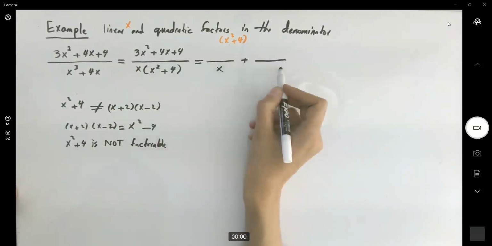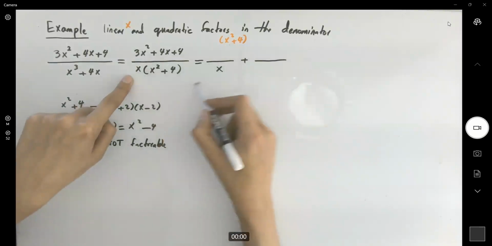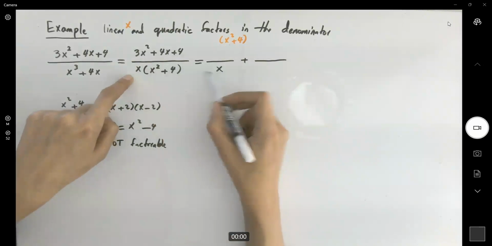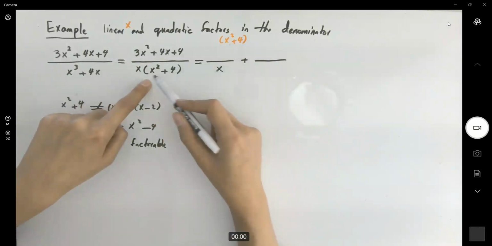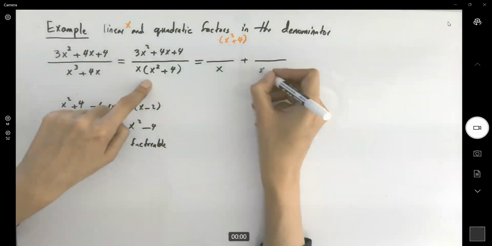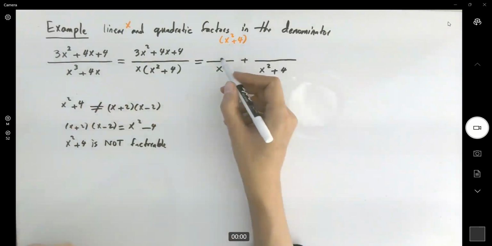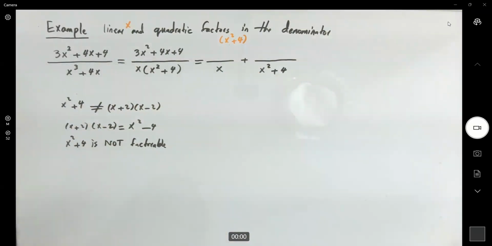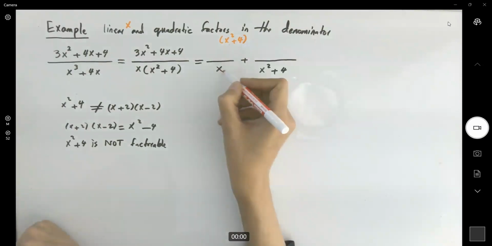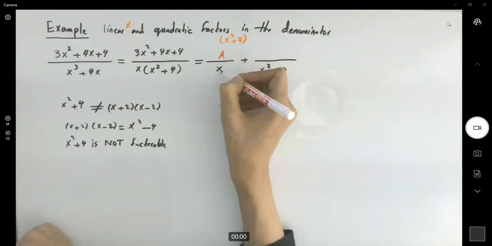So again, we have 2 fractions. The very first fraction has the linear term on its denominator. The second fraction has this quadratic expression, which is not factorable. So just copy this down here. Now for its numerator. Guys, this is important. Please pay attention. Here you have a linear expression on the denominator. Your numerator is going to be a constant, 1 degree less than the denominator.